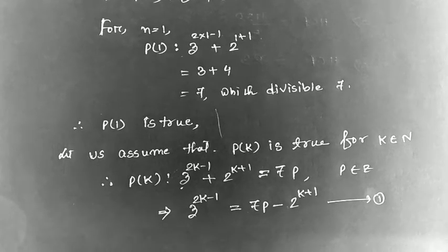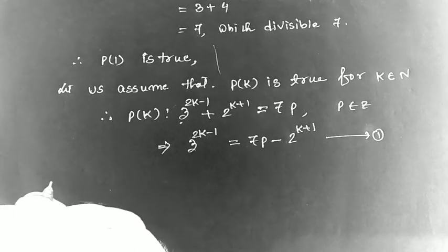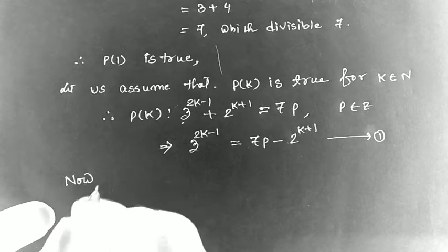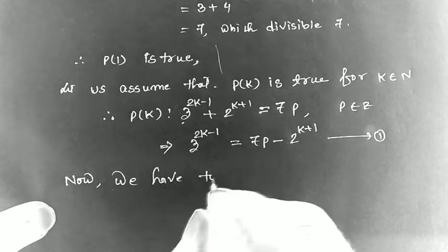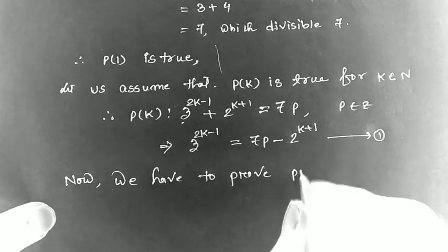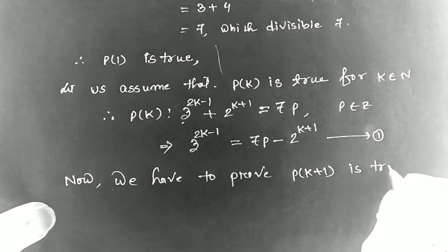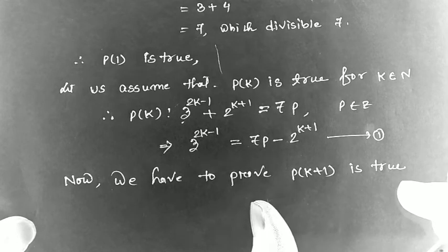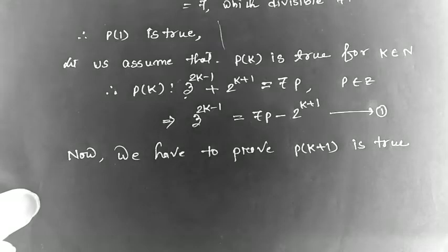Now we have to prove that Pk plus 1 is also true. You can write it this way, it will be easier for you. We have to prove Pk plus 1 is also true. That means Pk plus 1 is divisible by 7. We have to prove this one.